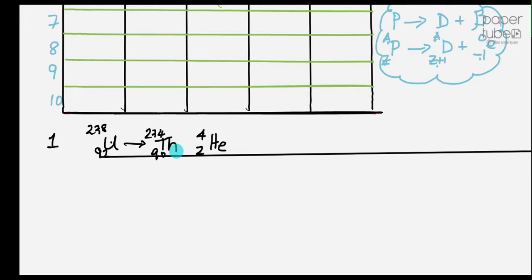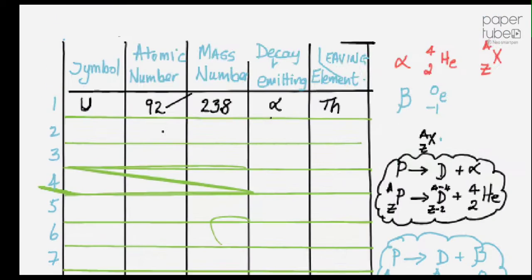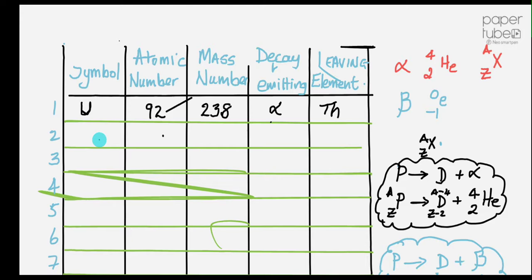Let's look at number 2. I'm up here now at number 2. What does it tell me I have? It tells me I have thorium, 90, 234. It's going to emit a beta particle and it's going to get Pa.